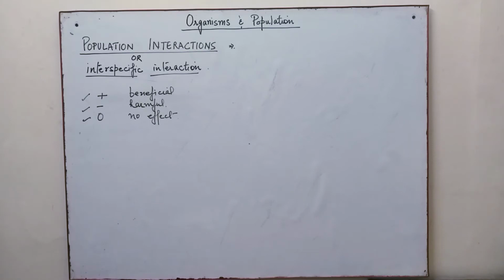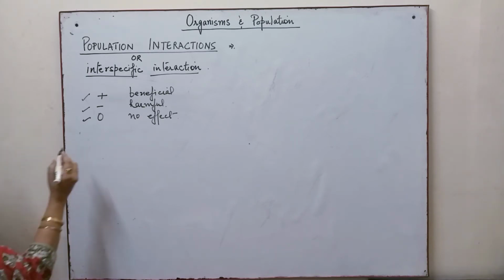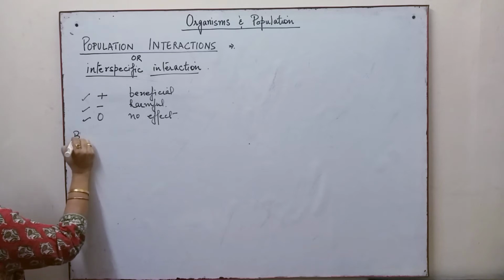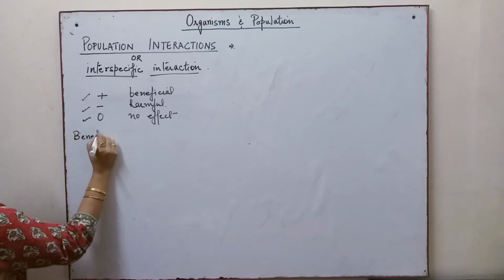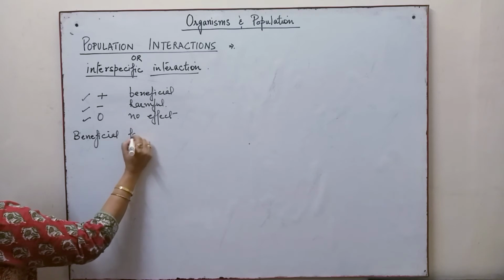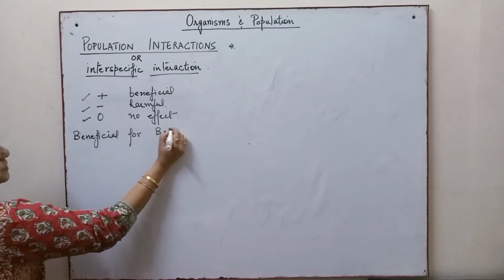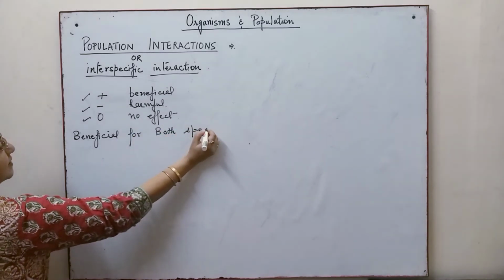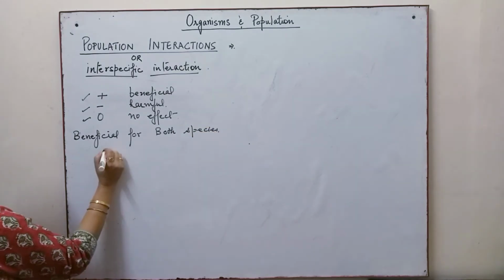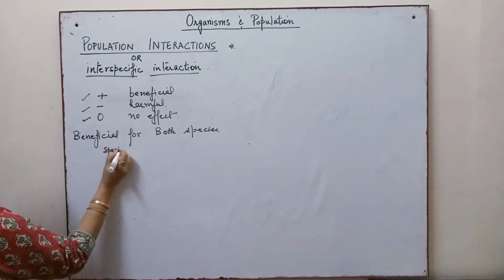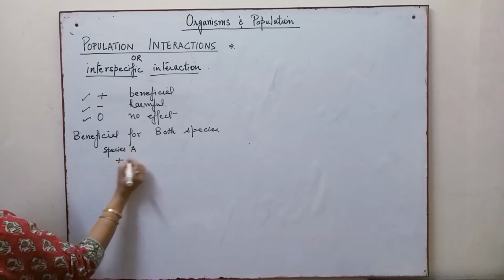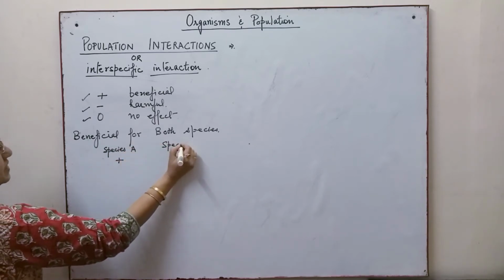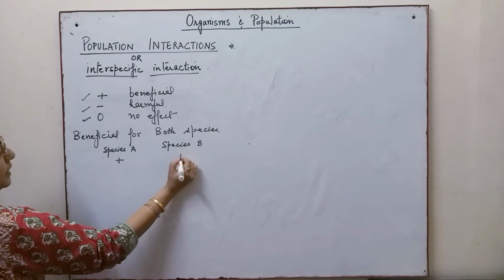Now the first case is when both the species are benefited in the interaction. So here it will be beneficial for both species. Species A plus and species B also plus.